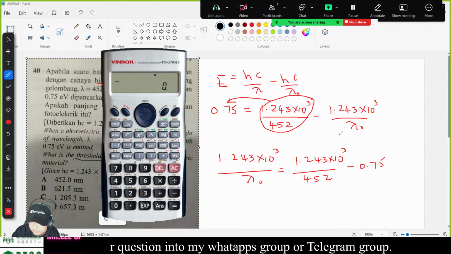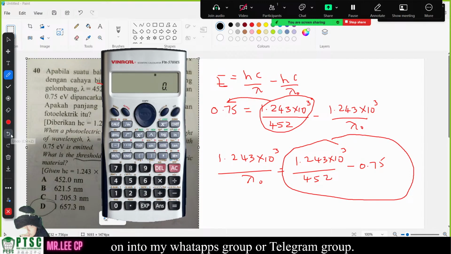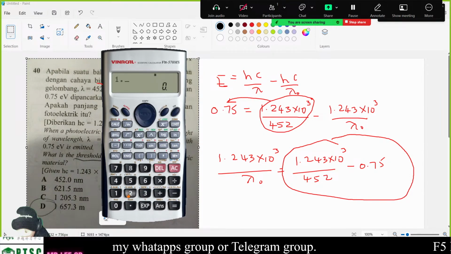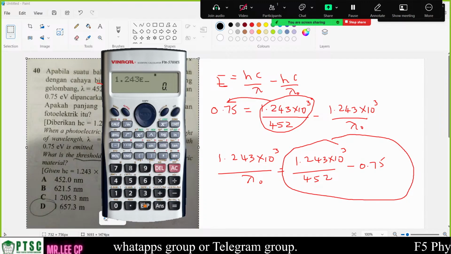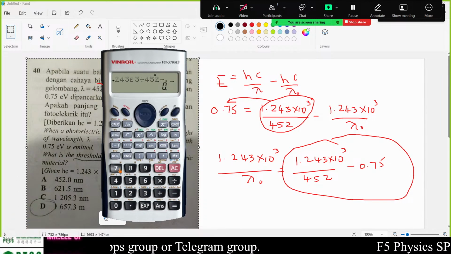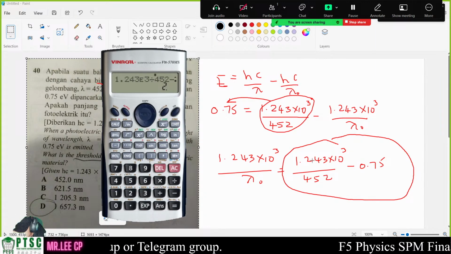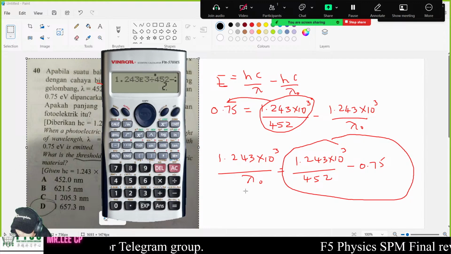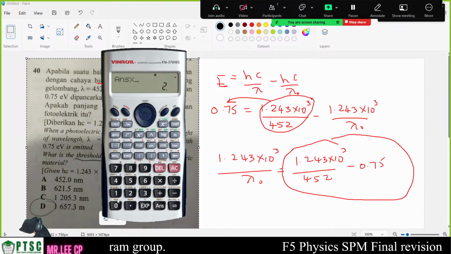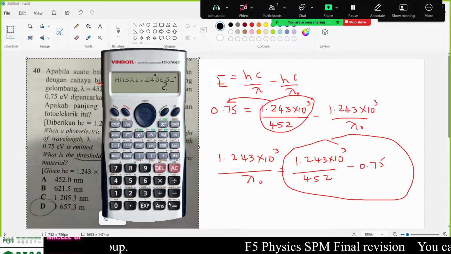So I settle this one first. 1.243 exponent 3 divided by 452 minus 0.75 is 2. So this one goes up, 2 goes down, right? So 2 goes down, inverse times 1.243 exponent 3 is your answer.